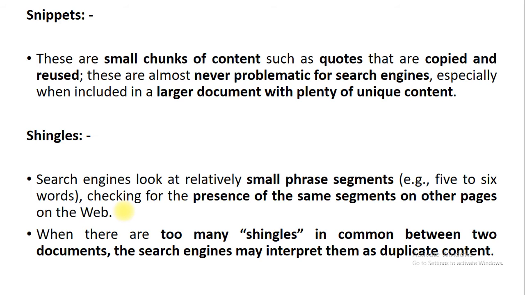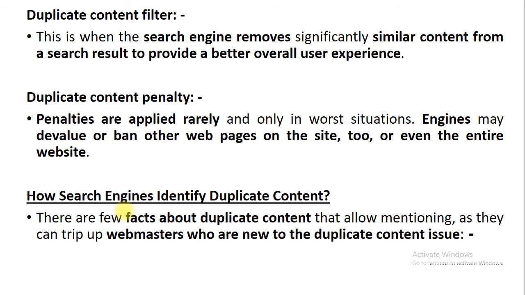So when there are too many singles in common between two documents, the search engine may interpret them as duplicate content. So always remember one thing: if too many singles are available in two documents, those documents are referred to as duplicate content. Next is called duplicate content filter.